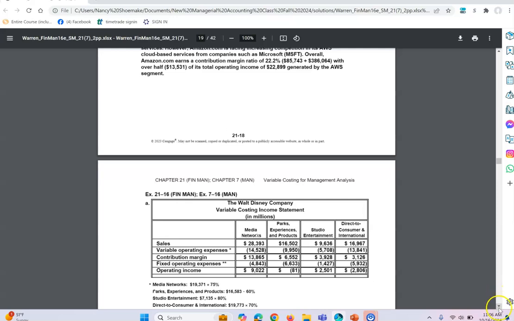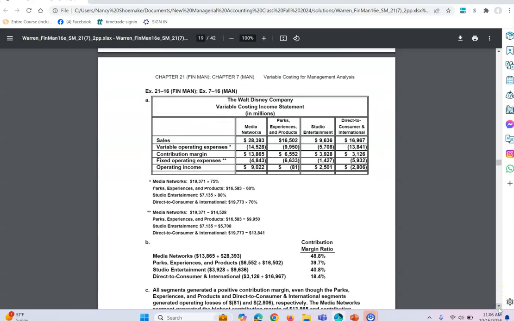There we go. So to look at this, we just break out the variable operating expenses for the 4 different segments to come up with our contribution margin. And then the rest will go into period costs.